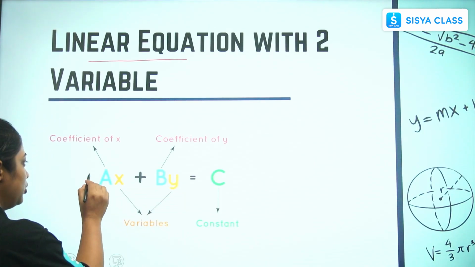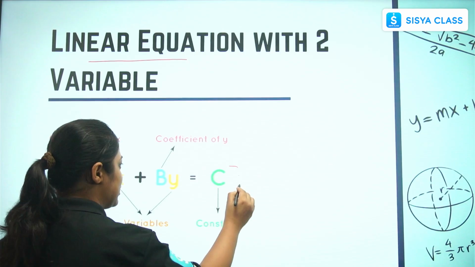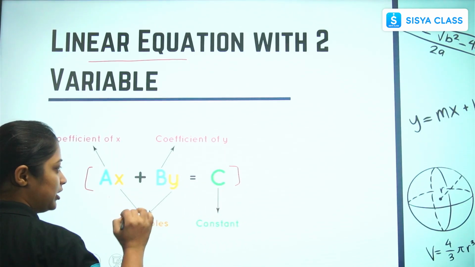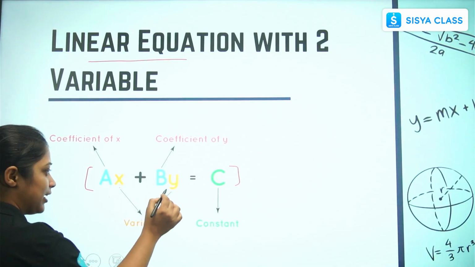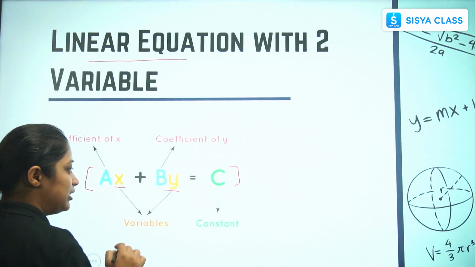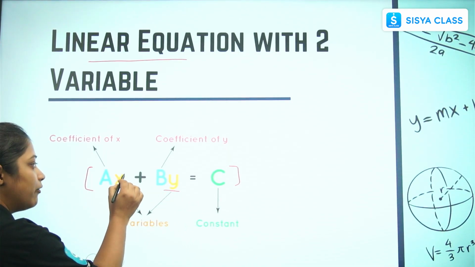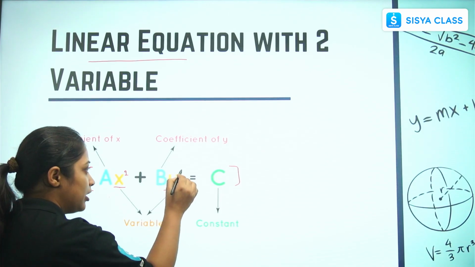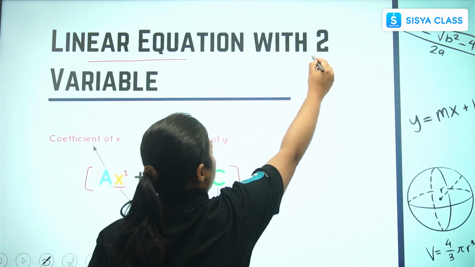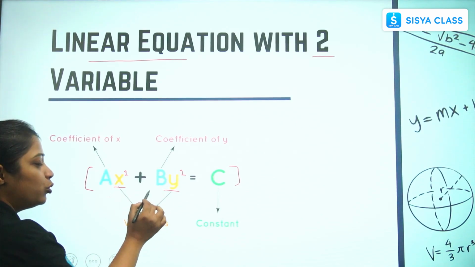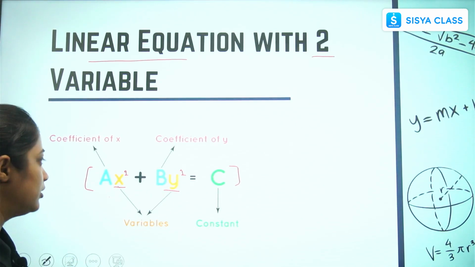For example, here you have this equation ax plus by equal to c. So here we have two variables, that is x and y. So this is linear equation because the power of variables are 1, right? Now this is linear equation with two variables because here we have two variables x and y.